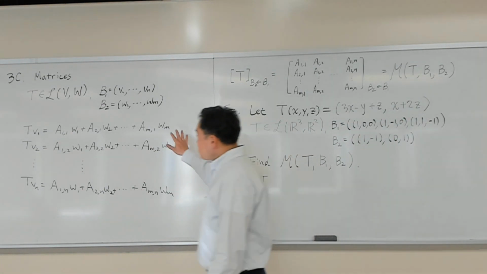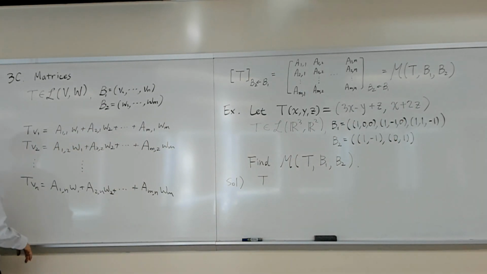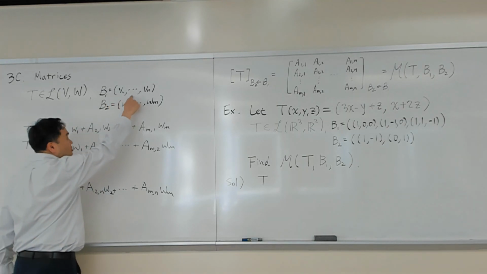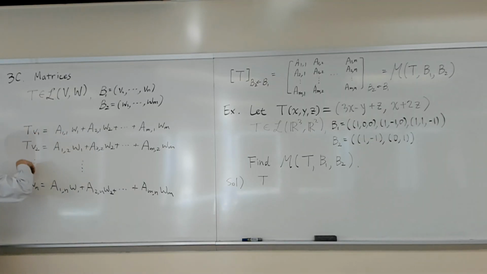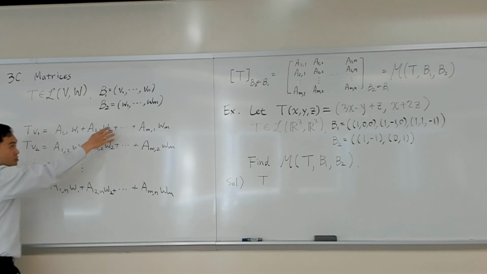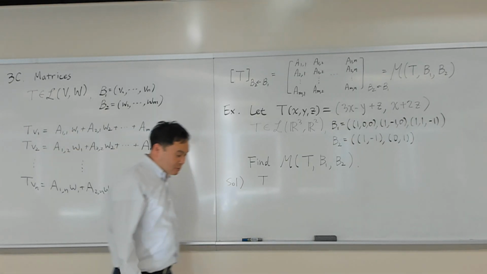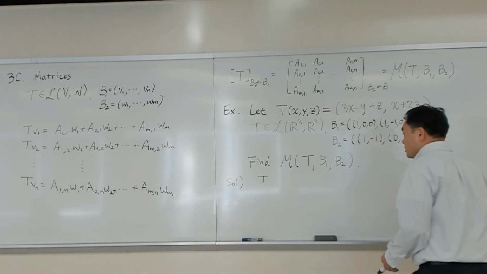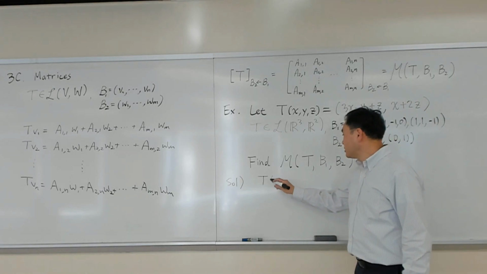Okay, so this prescription says you have to apply the linear map to each element of the basis, get something, and then once you get that something, you have to represent them as a linear combination of the target basis. So let's do exactly that.